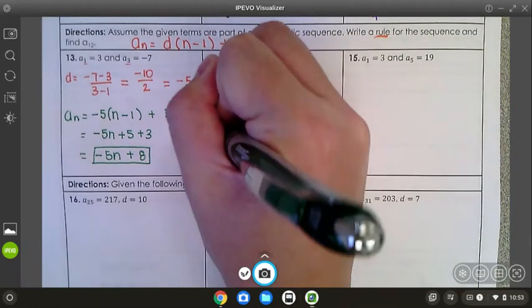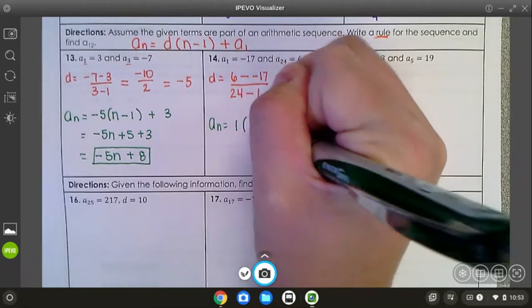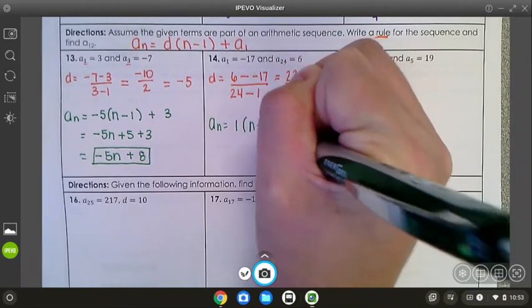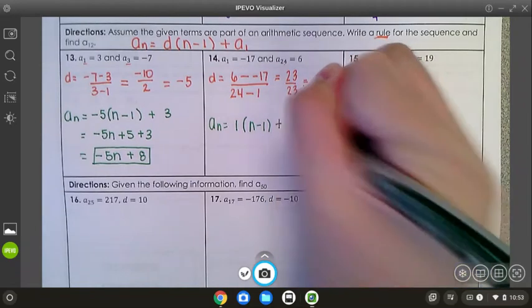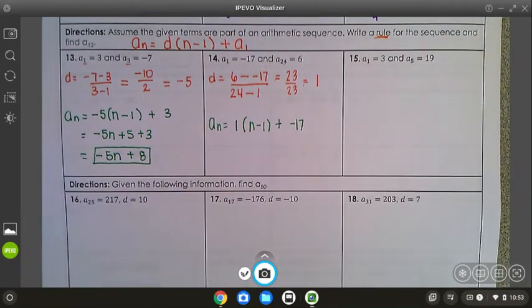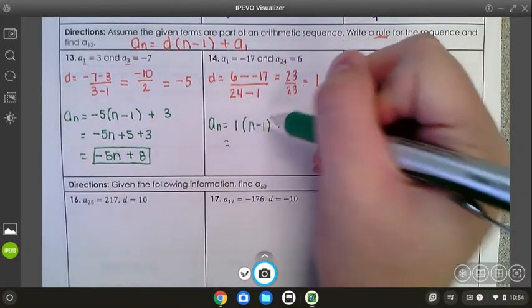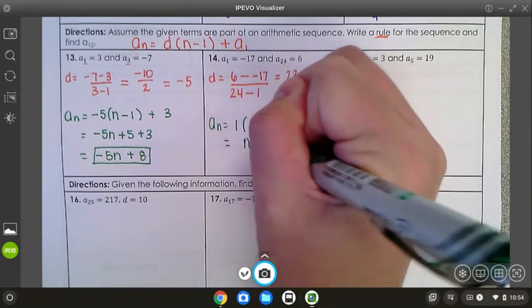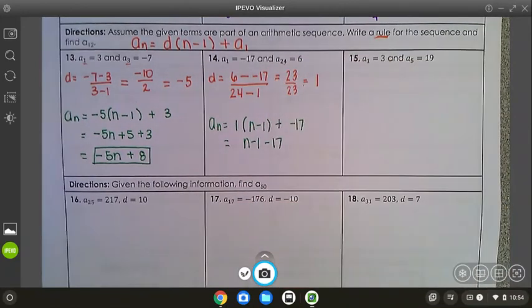And then the formula. Got my 1(n minus 1), plus my a_1 is negative 17. So if I distribute 1, that's just n minus 1, and this would be minus 17.